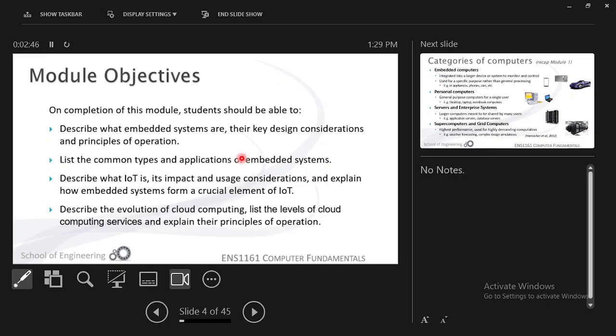Embedded systems lead into the discussion related to the Internet of Things. Describe what IoT is, its impact and usage considerations, and explain how embedded systems form a crucial element of IoT. You should be able to describe in a free format what an IoT device is, the contexts related to IoT, its impact, usage considerations, and how embedded systems form a crucial element.